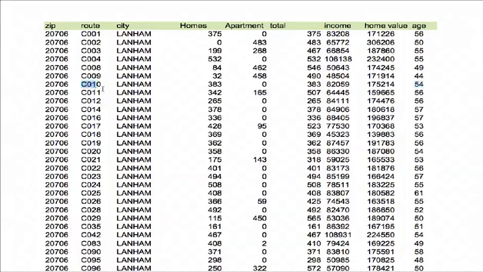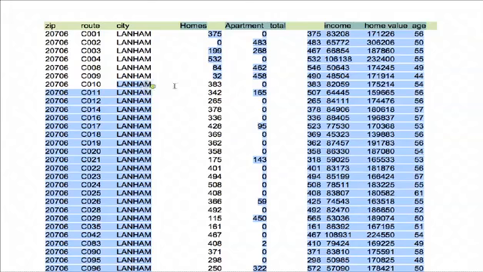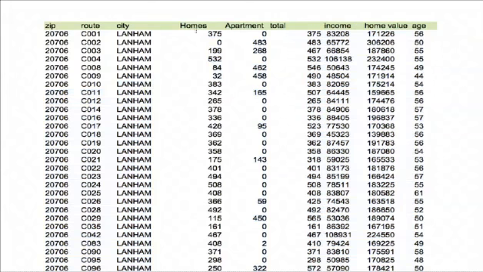Okay, so that obviously is the Lanham area. And the number of homes in that particular mail route is 383. Now, that means that we are going to be going after that particular mail route, and that we're going to be paying postage, not including the creation of the marketing piece and the printing of that piece, on 383 active homes in that particular area.